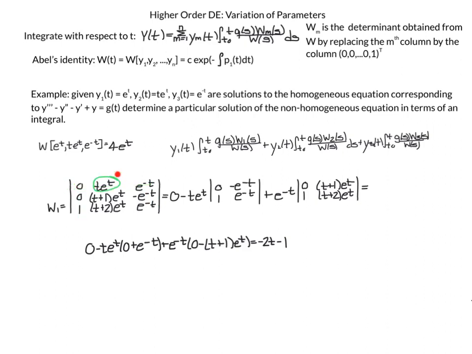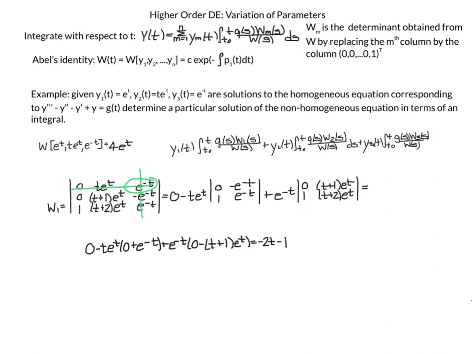Next, I'm going to look at my first row, second column, and I'm going to alternate my signs, so it's a negative t e to the minus t, and then the 2 by 2 determinant that comes with that will be the 0, the minus e to the minus t, my 1, and my e to the t. Finally, I have my first row, last column, and the determinant that is associated with that, the 2 by 2, is 0, t plus 1 e to the t, 1, t plus 2 e to the t here.